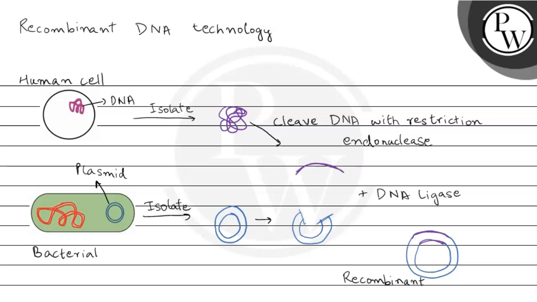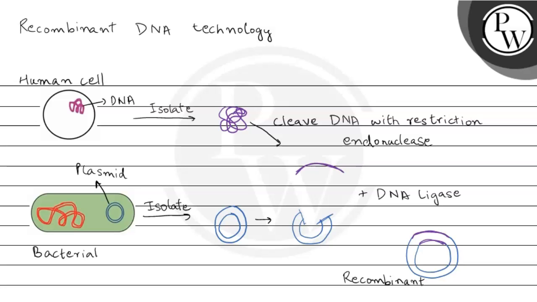So the recombinant is formed because we use the same restriction enzyme for cleaving both the human cell DNA as well as the plasmid, which resulted in the complementary sequence end at both the DNA, and therefore when we use DNA ligase, the two DNA fragments joined together and it resulted in the formation of a recombinant.